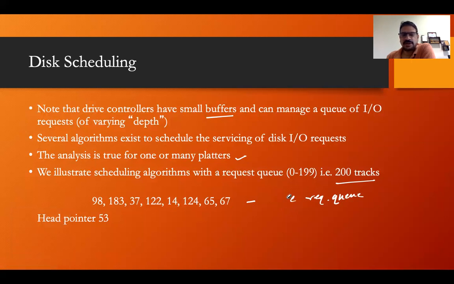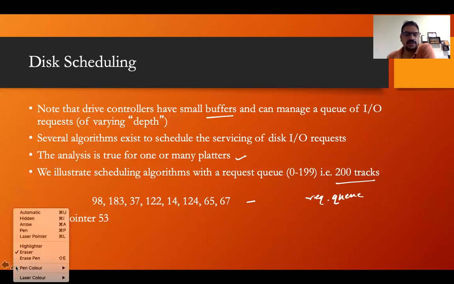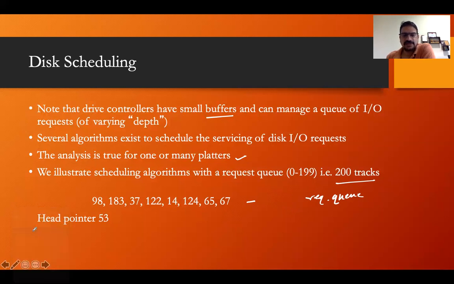And using this particular request queue, I would like to serve the requests of the hard disk drive access. Okay. So first it requires 98 sector, then 183, then 37, then 122, then 14, then 24, then 65, and then 67. Now, what is my position? My position in that particular platter is in the 53rd sector. Okay, I am in the 53rd sector.